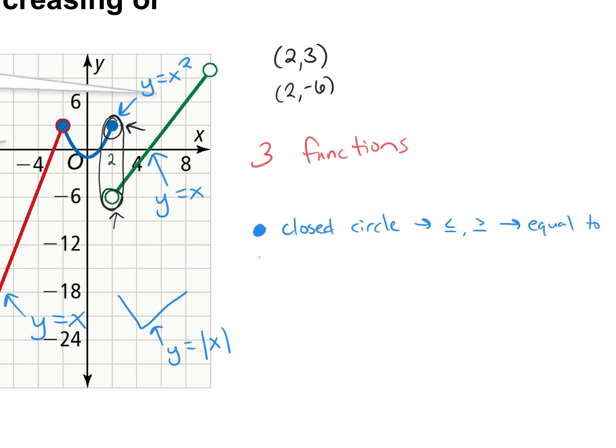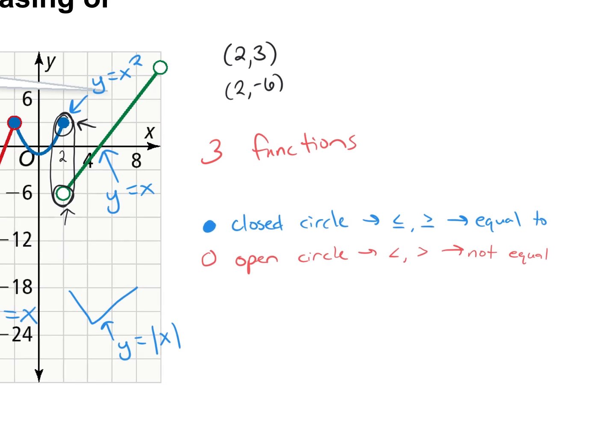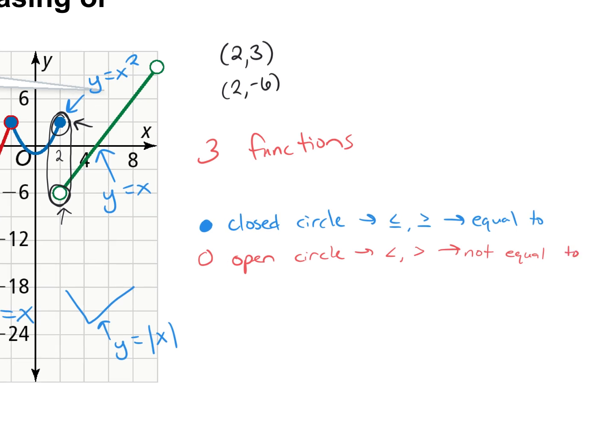If we have an open circle, that would be if we were just less than or greater than, which means we are not equal to. Okay, so closed circle means we are equal to. Open circle means we are not equal to.